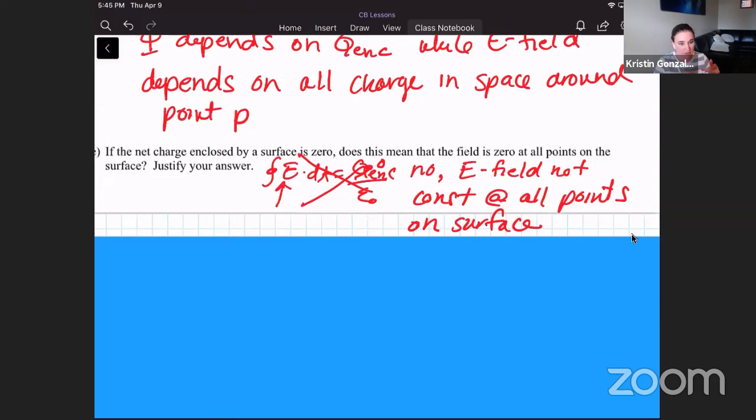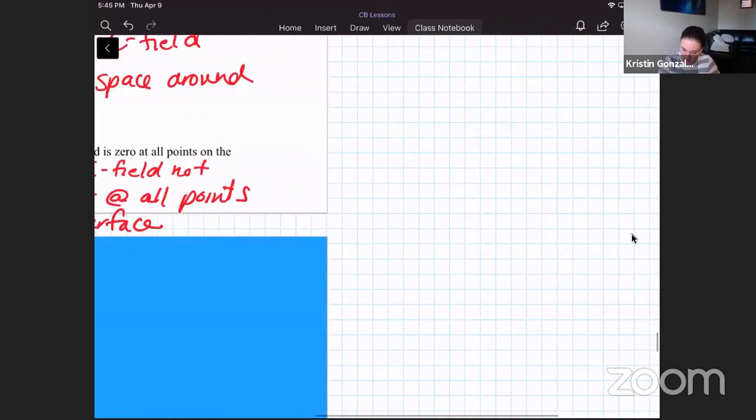So if the electric field is the same everywhere on our surface, does that mean that there has to be no net charge enclosed?